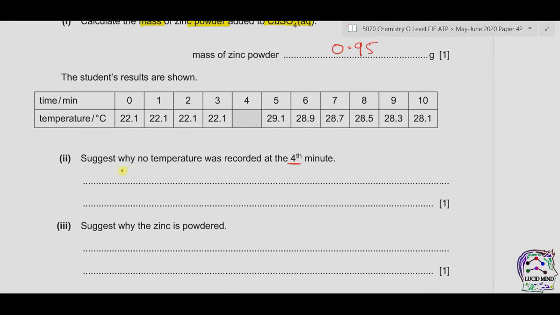So we can write that the student was busy adding zinc, therefore there is no observation at 4th minute. Part 3 suggests why zinc is powdered. Now powdered means we have large surface area and the reaction rate will be faster.